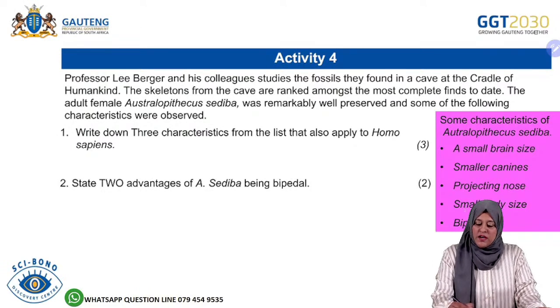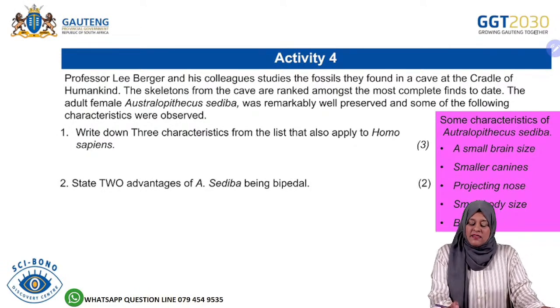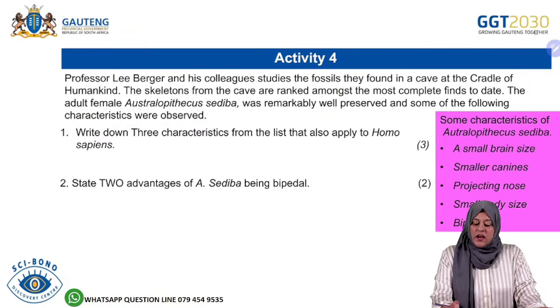So the block in pink tells us the characteristics that Australopithecus sediba had, or what they observed from this fossil. A small brain size, smaller canines, a projecting nose, small body size, and bipedal.